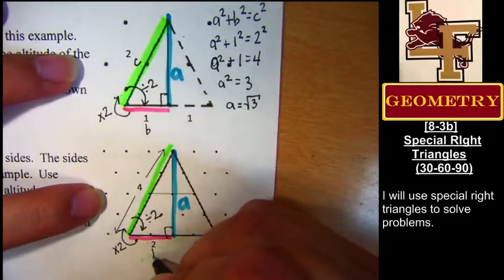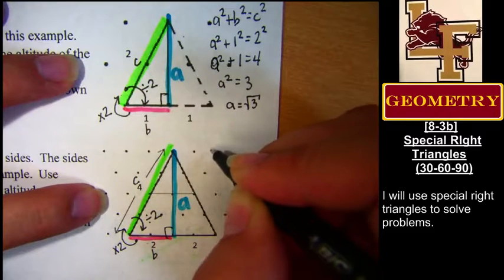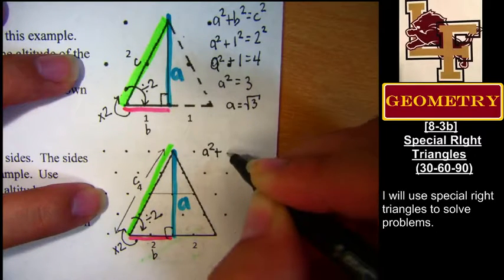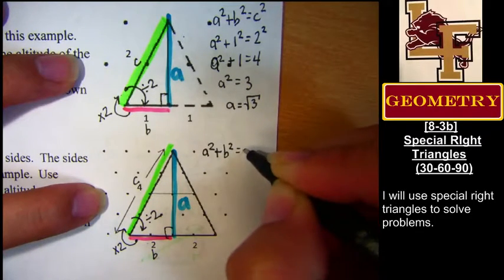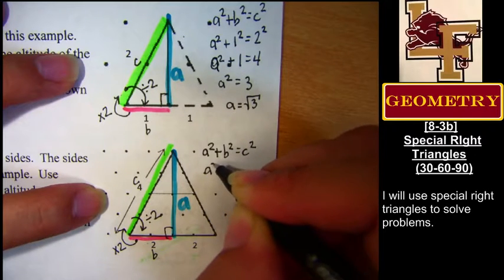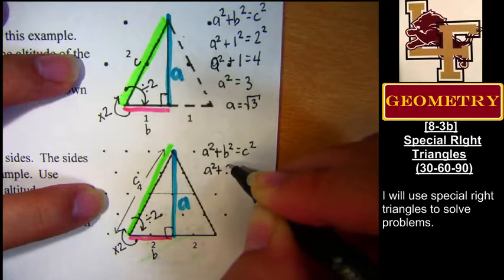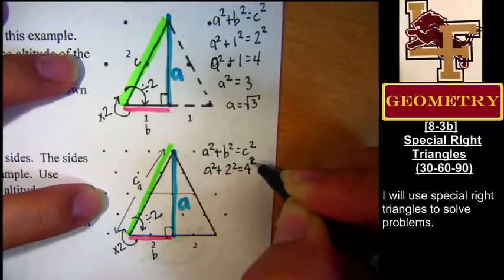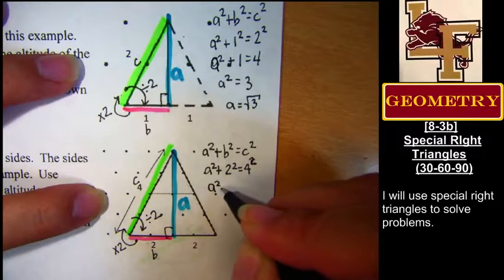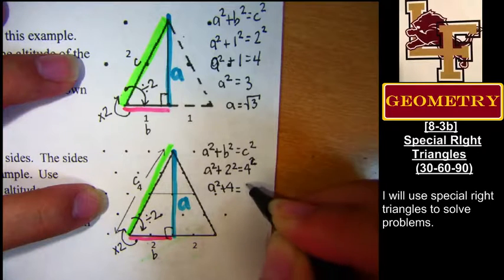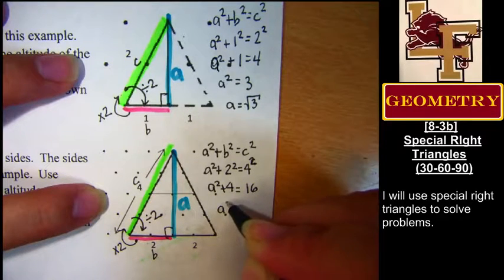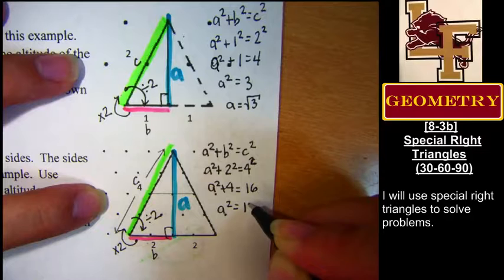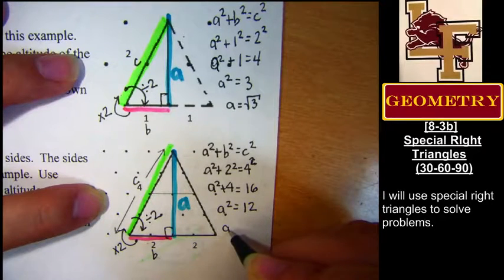A, B, C. A squared plus B squared equals C squared. I'm filling in B and C. I'm squaring things. I'm subtracting 4 from both sides.